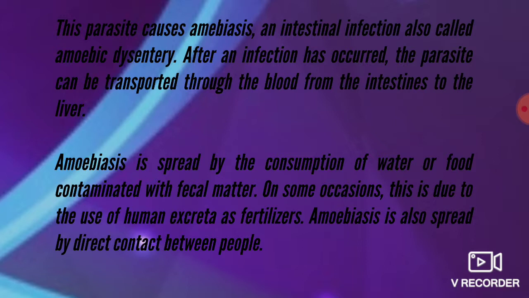Amebiasis is spread by consumption of water or food contaminated with fecal matter, on some occasions due to the use of human excrement as fertilizer. Amebiasis is also spread by direct contact between people.